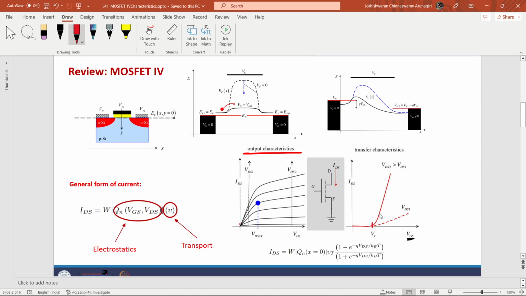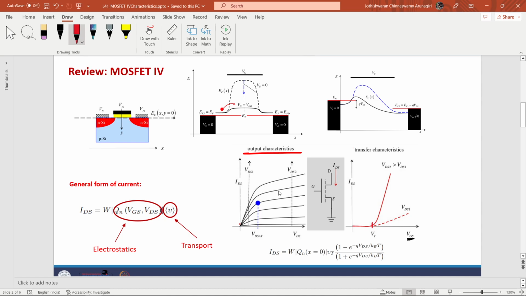What are all the things it will depend on? Since we are looking for availability of charge carriers here, it will depend primarily on the geometry of the channel. It will depend on the Fermi level. It will depend on what else?